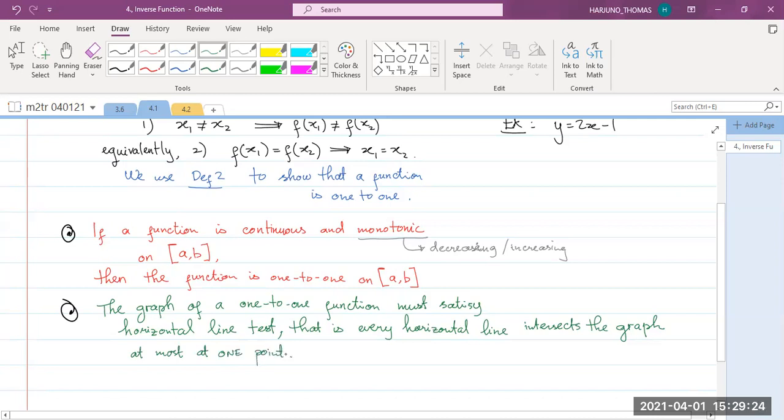So if you are given the graph, see if you can get a horizontal line that touches the graph twice or more.